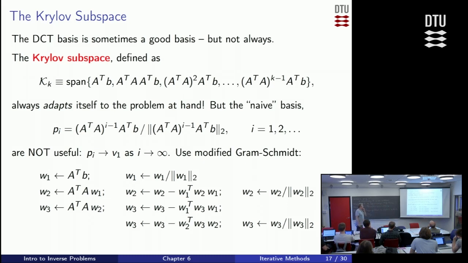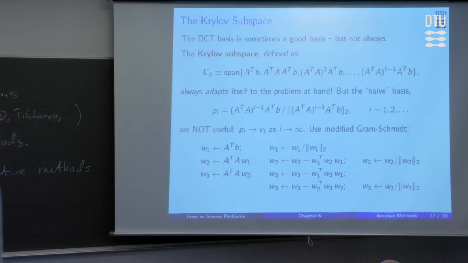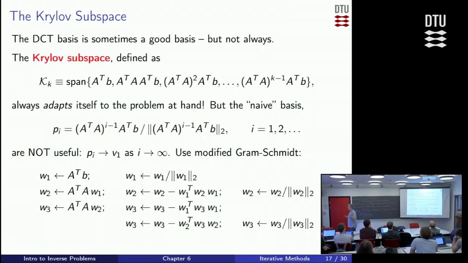So the Krylov subspace we're going to be focusing on here is this guy here. This is not the typical way to introduce Krylov subspaces and iterative methods. Typically, you start with the iterative method, and then you show that actually that method corresponds to the Krylov subspace. So I'm doing things backward here. I start with the Krylov subspace, and then I'll get to the algorithm.